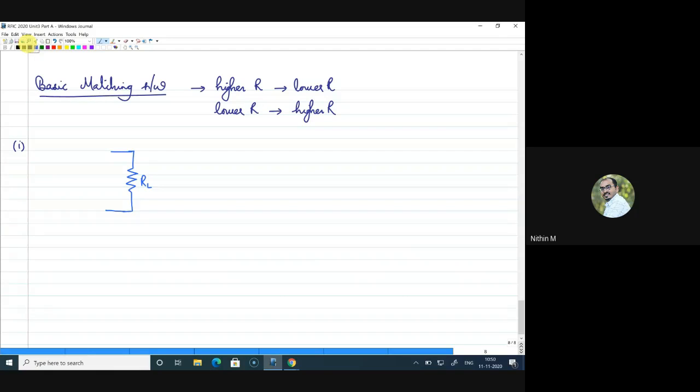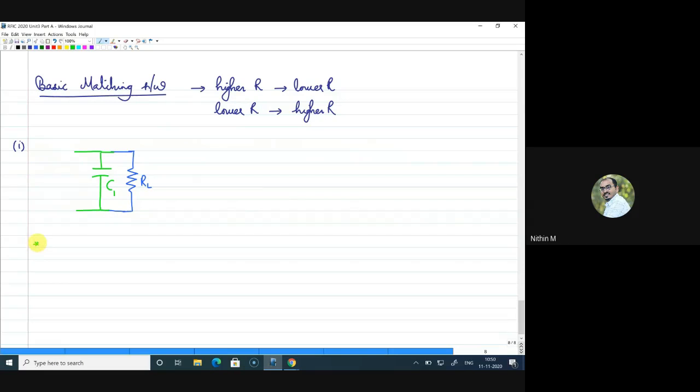First, I'll add a capacitance in parallel to this resistance RL, and I'll call this capacitance C1. Why am I adding this capacitance?